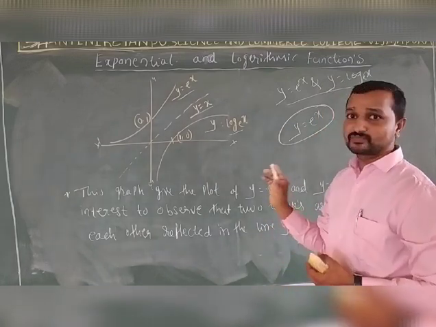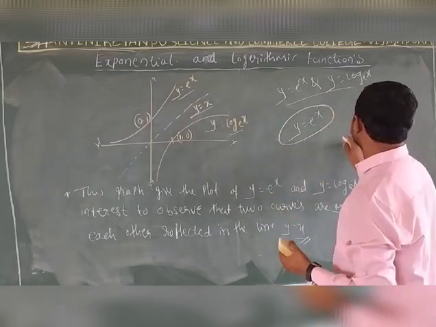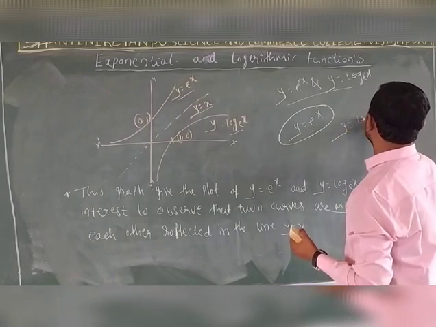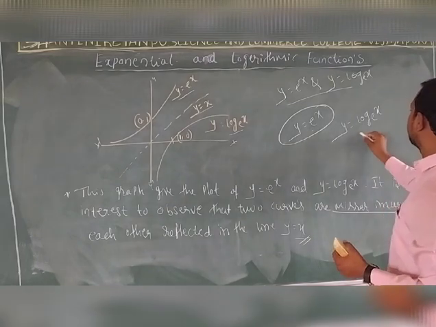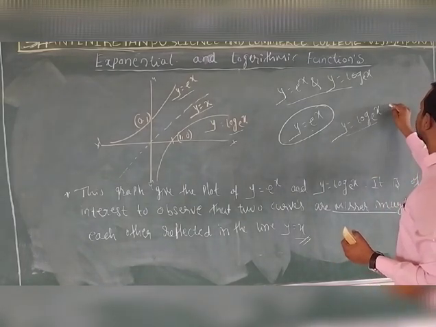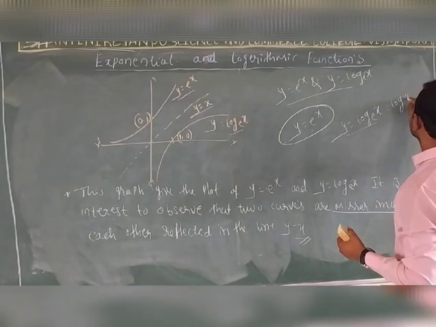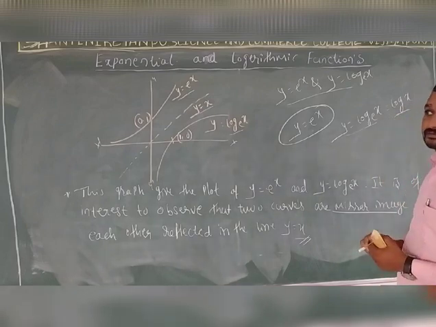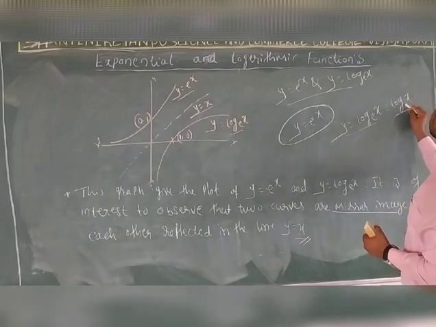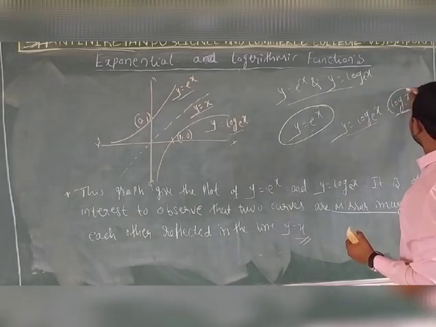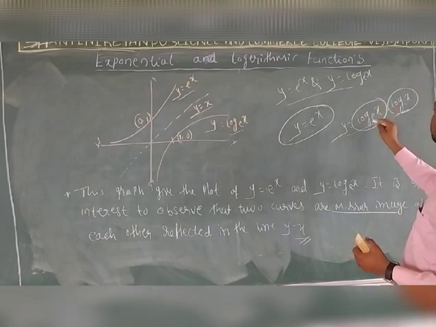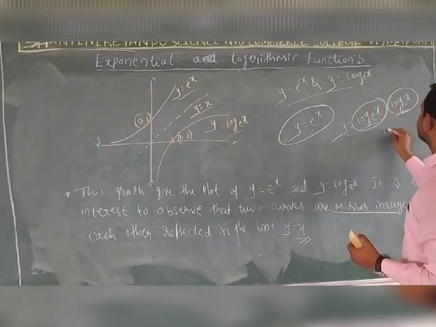Is that clear? So y is equal to e raised to x is said to be the exponential function, and y equal to log of x to the base e is said to be the logarithmic function, or otherwise this can be written simply as log x. Log x is the same as log of x to the base e, or the same as ln of x.